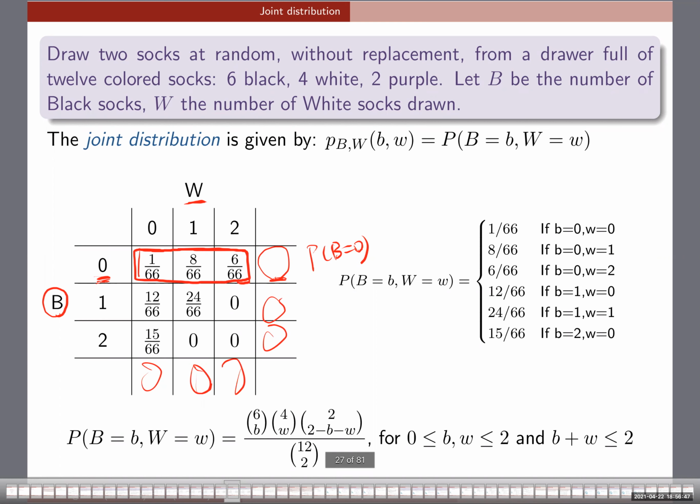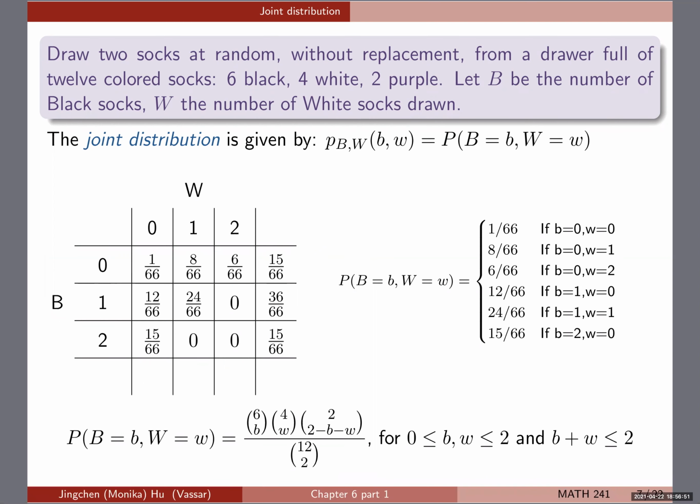Let me show you the values here. This is when you add up each column one by one, and each row one by one. The reason we call it marginal is because it's the margin of the table.